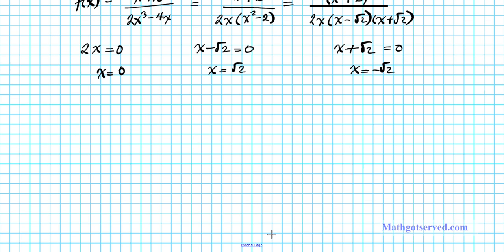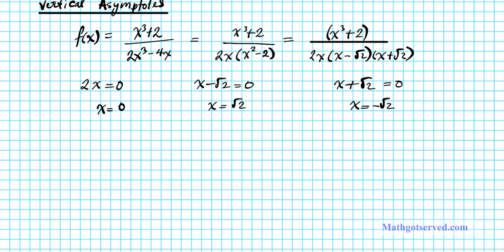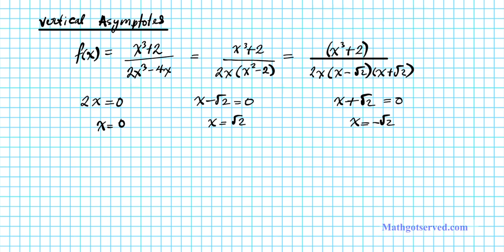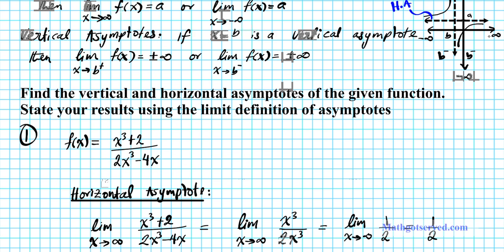Okay, so using the limit definition of asymptotes, how can we state for certainty that these are vertical asymptotes? Now, remember the definition of vertical asymptote using limits.